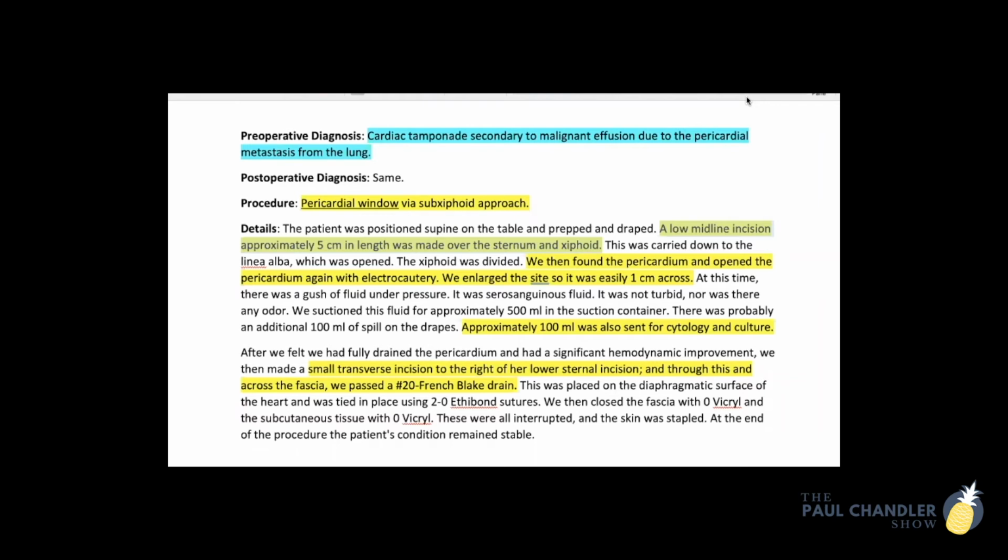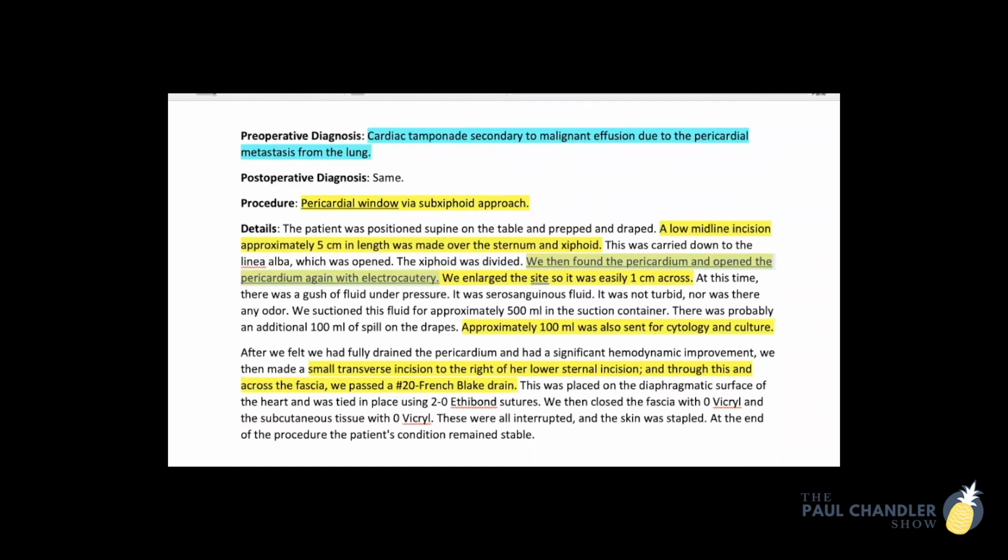And scrolling back, it's in the pericardium section. And I like how it says, we then found the pericardium and opened the pericardium again with electrocautery. So that confirms that I'm in the correct section of the CPT book.